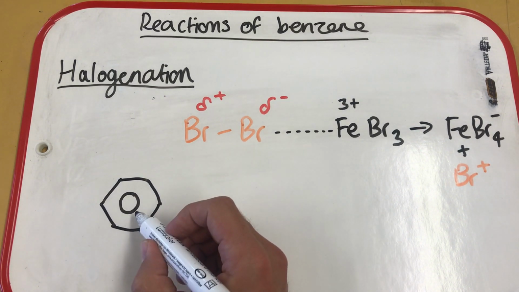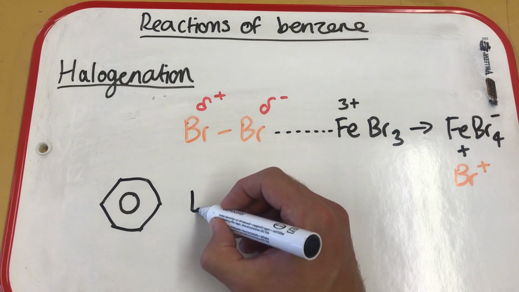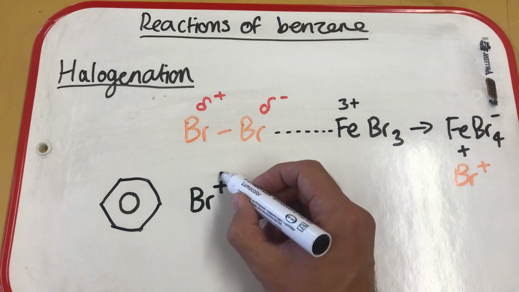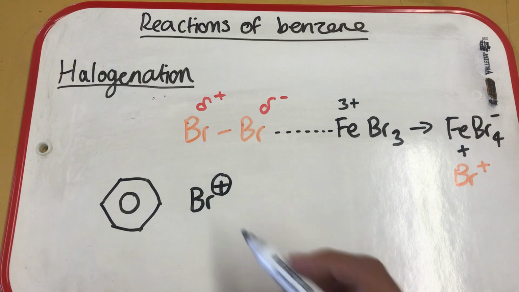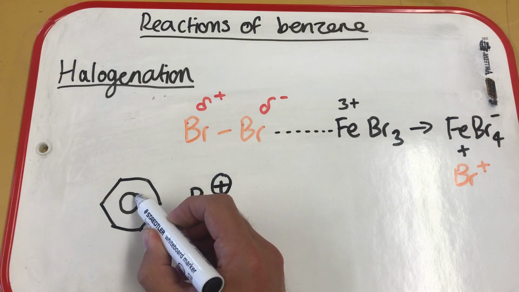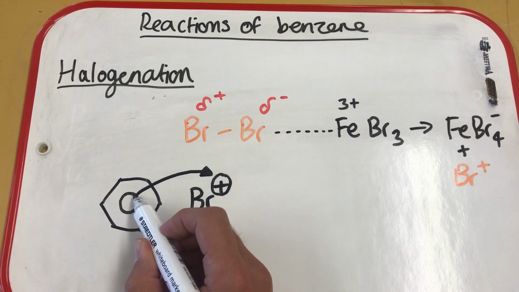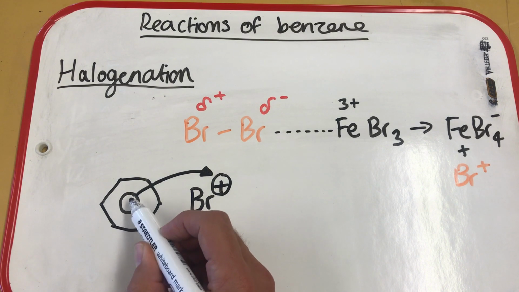We have our benzene ring here. We have a bromine electrophile with its strong positive charge. We need to show the movement of electrons from the benzene ring, showing that the arrow comes from the ring or within the ring, so it must touch or come from within the ring.